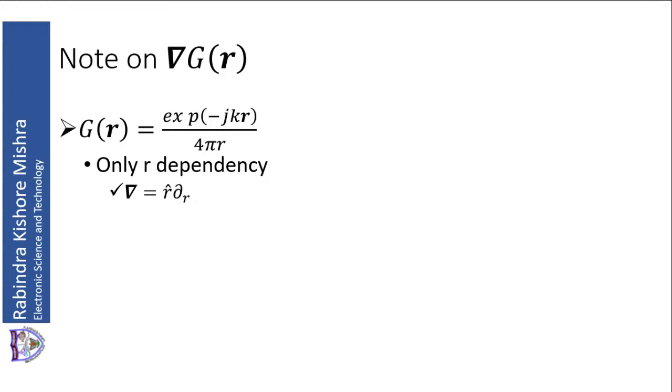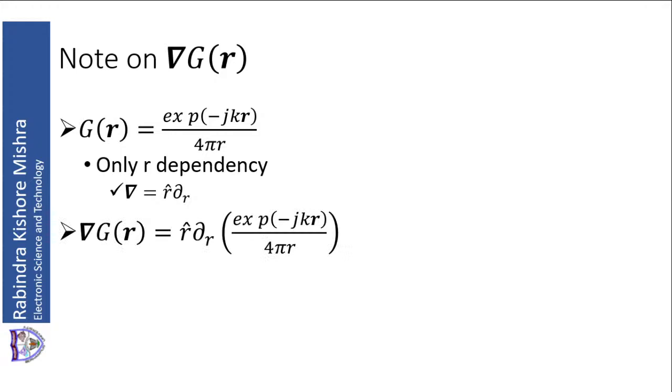Therefore, the del operator for the Green's function is equivalent to r cap dou r, where dou r means partial differentiation with respect to r. Now I will find the gradient of G. Grad G will be r cap dou r operating on exponential minus jkr by 4 pi r.